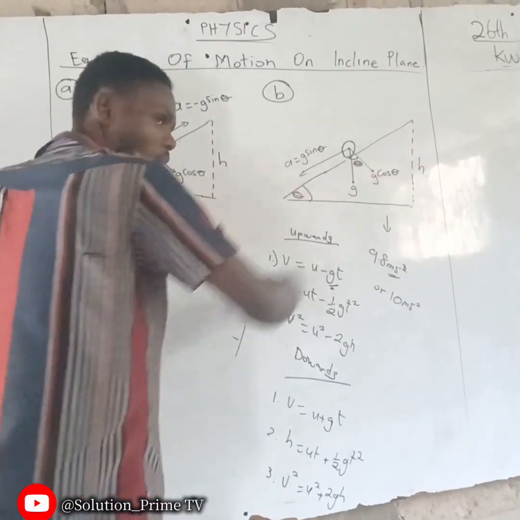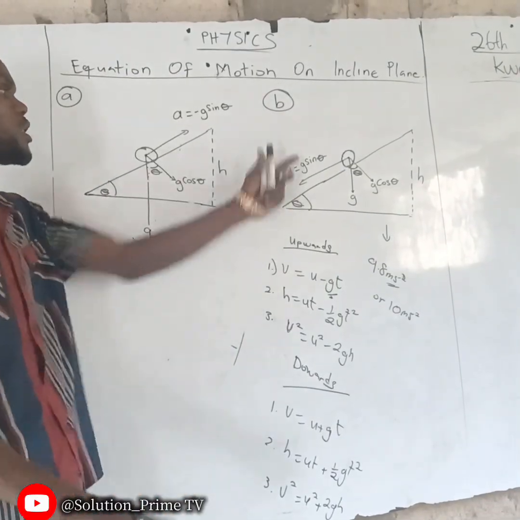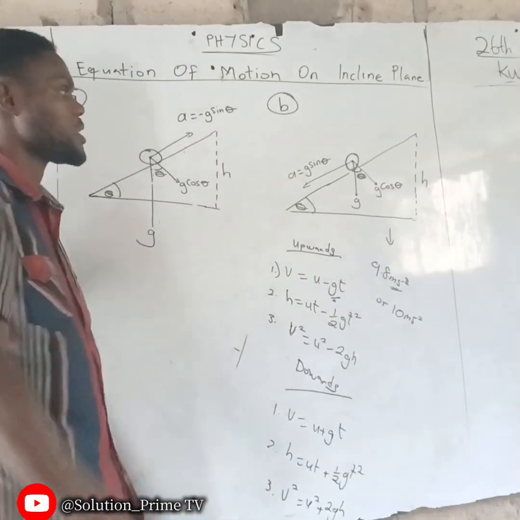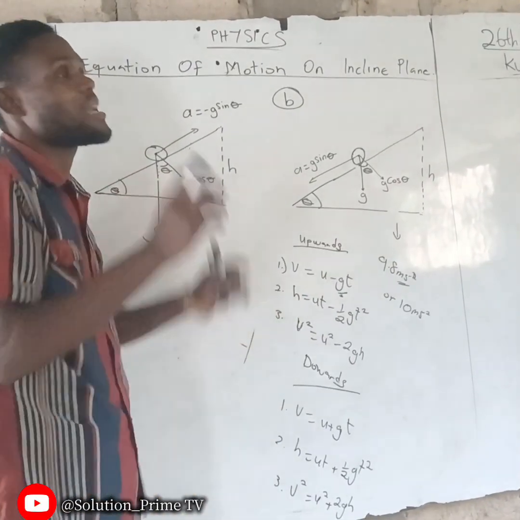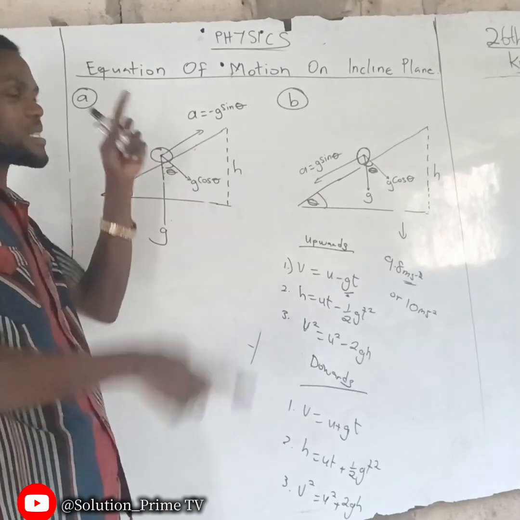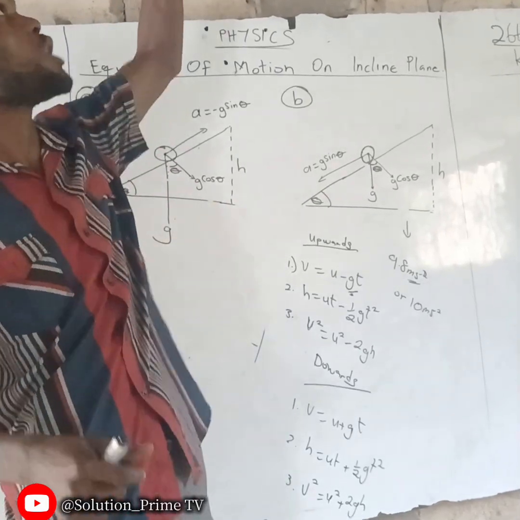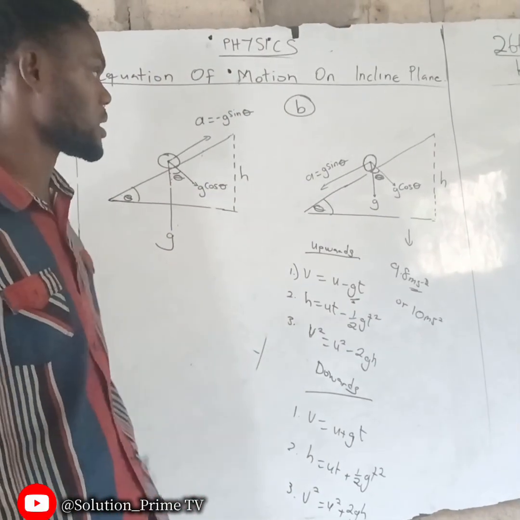When the body is moving downwards, it is moving with the force of gravity, acceleration due to gravity, which is positive g already because the direction is moving down. We show it down, just assuming that the force of gravity acts downwards, so the direction is downwards. That is all.